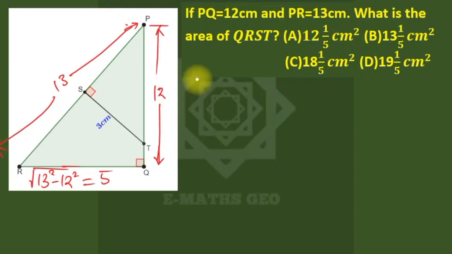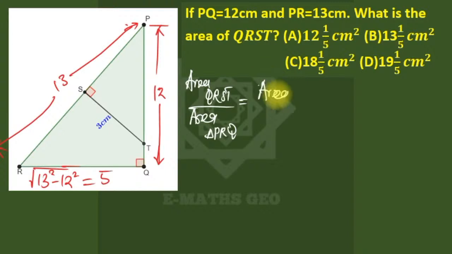We'll see that if we do the ratio of QRST to the big one, triangle PRQ, we can write QRST as the big triangle's area subtract the smaller one, triangle PTS, over the big one, triangle PRQ.